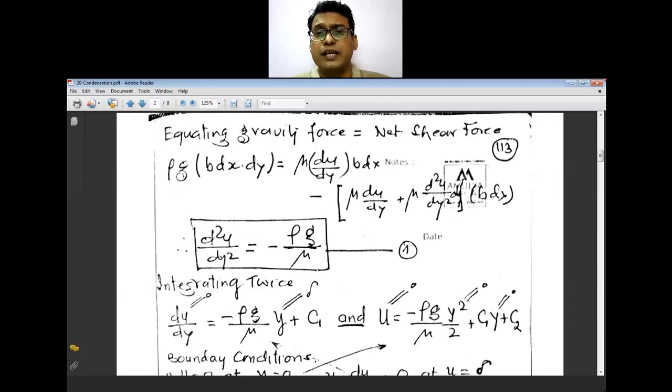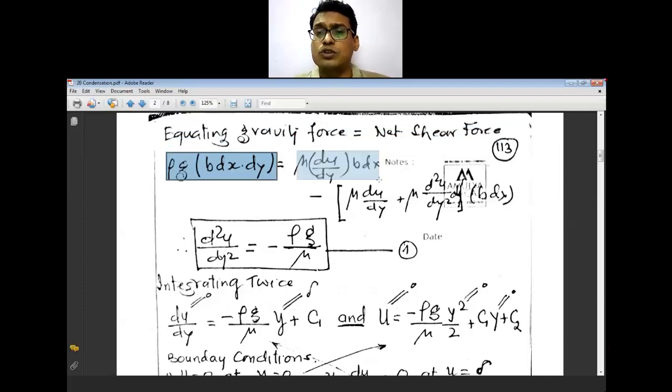So equating the gravitational force, which is rho g into the volume, to the net shear force.